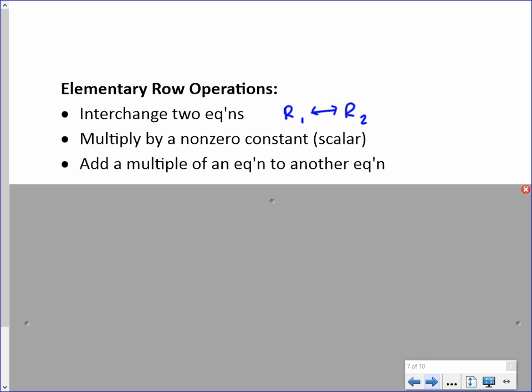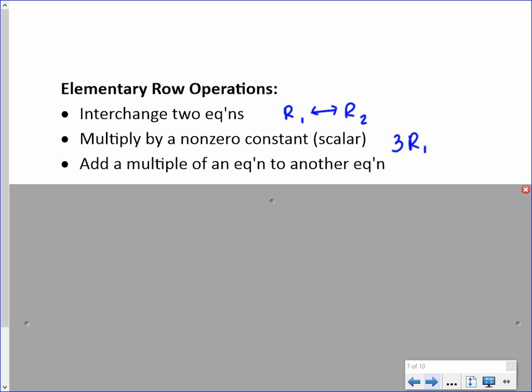You can also multiply by a non-zero constant, and that's called a scalar. So I could say, okay, I want to take row 1 and multiply it by 3. So I can do 3 times row 1. And then every entry in that row gets multiplied. And the last bullet point there is kind of a combination of that second bullet along with addition or subtraction. So you can add a multiple of an equation to another equation.